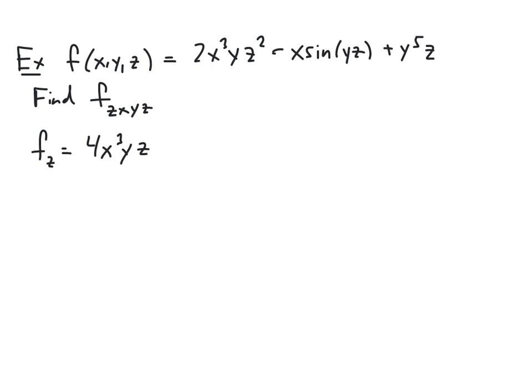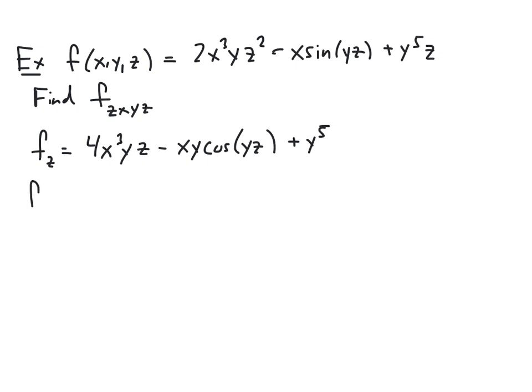And then the second term, it's going to be negative xy. The y comes from the chain rule. Cosine of yz. And the third term is just y to the fifth, the coefficient of z. So f sub z is 4x cubed yz minus xy cosine yz plus y to the fifth.